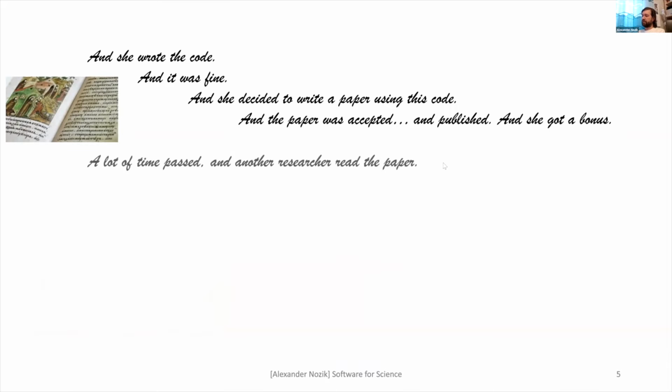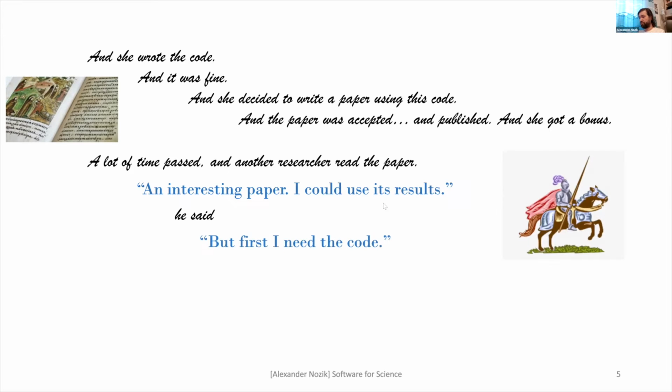And a lot of time passed, and another researcher read the paper. An interesting paper, I can use its result, he said. But first, I need the code which was used to get those results, because otherwise I can't reproduce them, I can't change parameters and work with it.